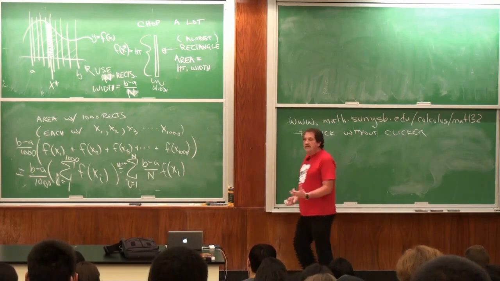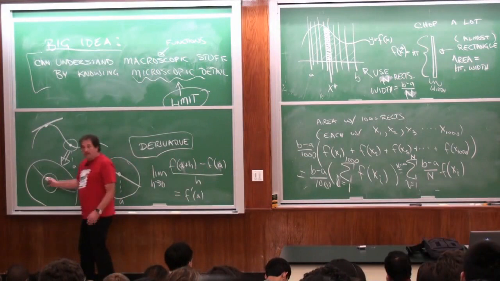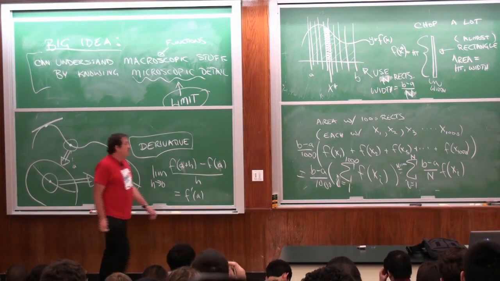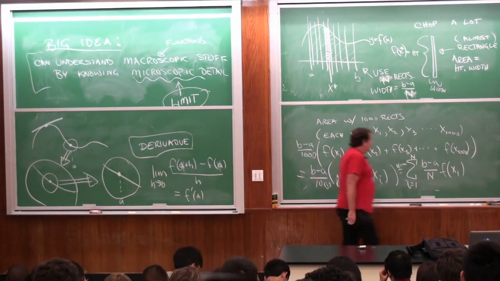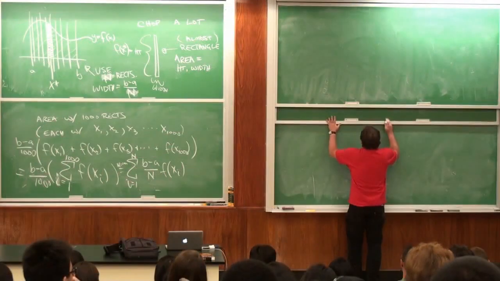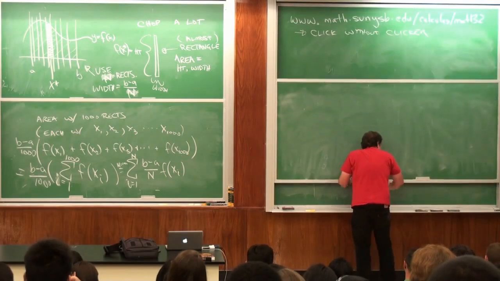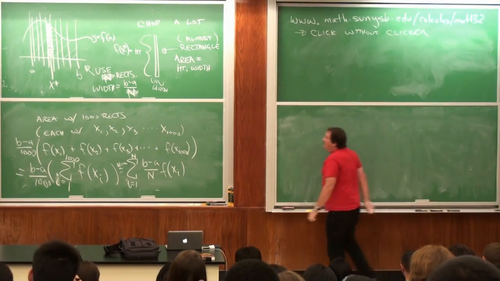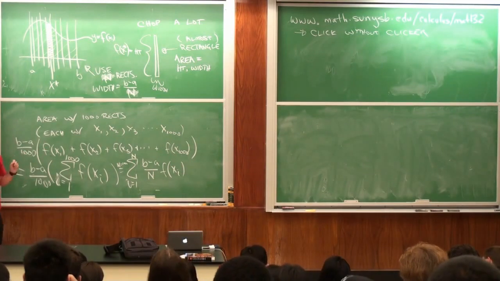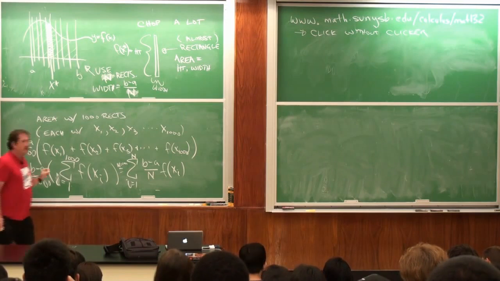Now, we haven't used this idea of limit yet. The area is very close to something, but it's not exactly equal to it. So now the thing we do, instead of taking one limit, we take two limits sort of at once. The rectangles get small and the number of them gets big.